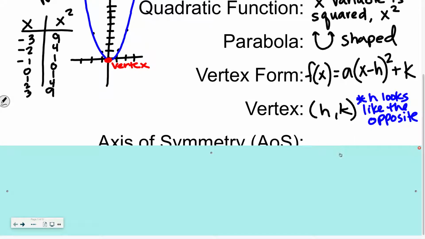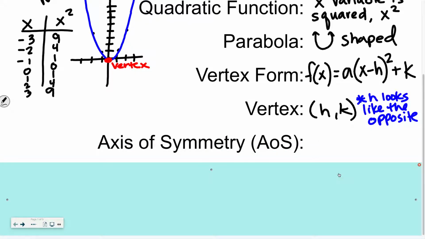And then we're also in Chapter 2 going to introduce something called an axis of symmetry. So when we use this word axis, we really just mean the line of symmetry. Okay? And our parabolas are either going to open up or down. So if we look up here at our parent graph, what line does the parabola reflect over and onto itself?